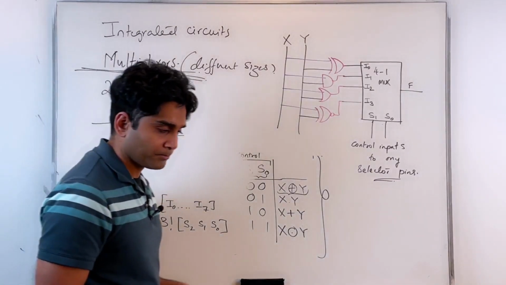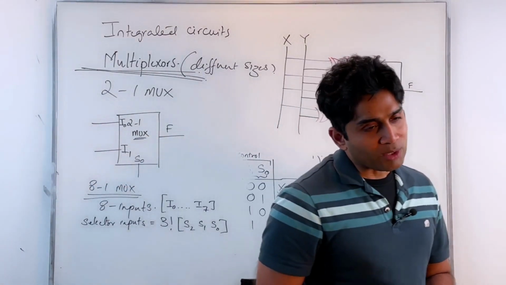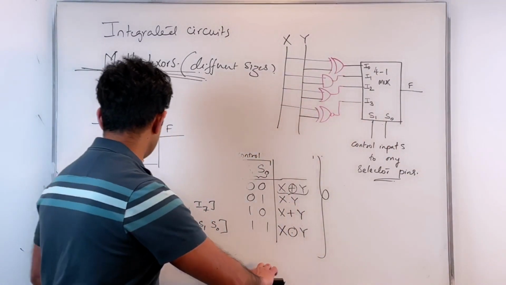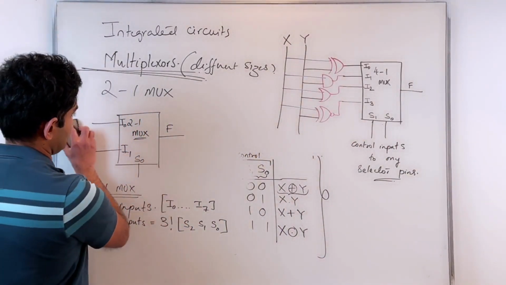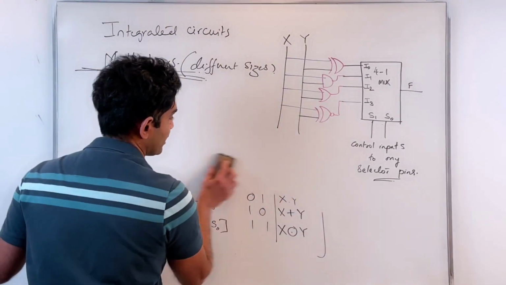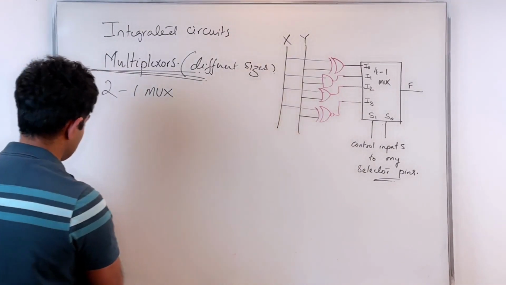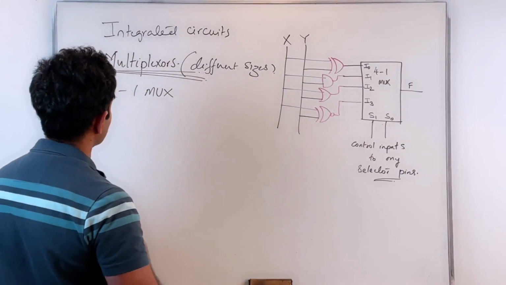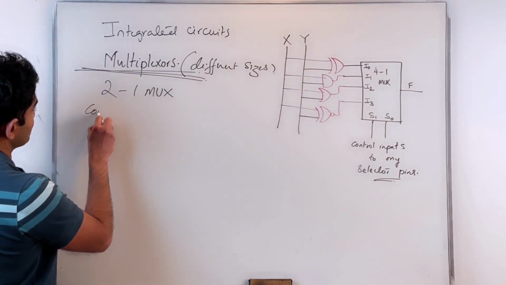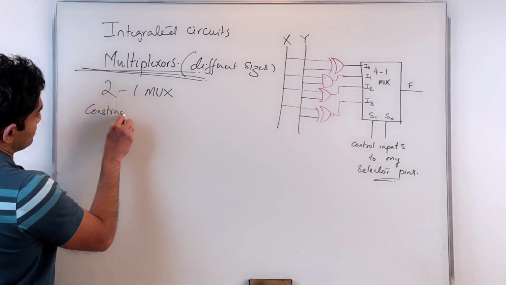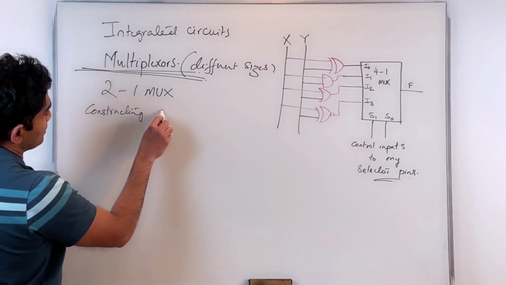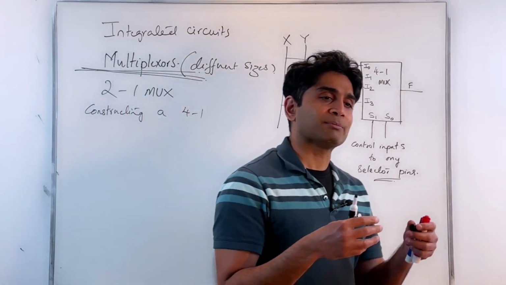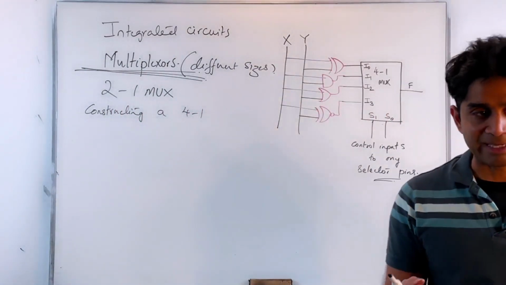How do I construct a multiplexer? It's actually pretty simple. Let's do it for a 4-to-1 multiplexer, and then you can extend the concept to any other multiplexer. So when I say constructing, what I mean is how do I construct a multiplexer using fundamental gates?